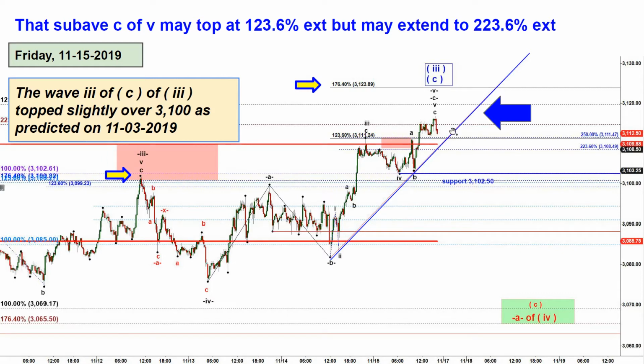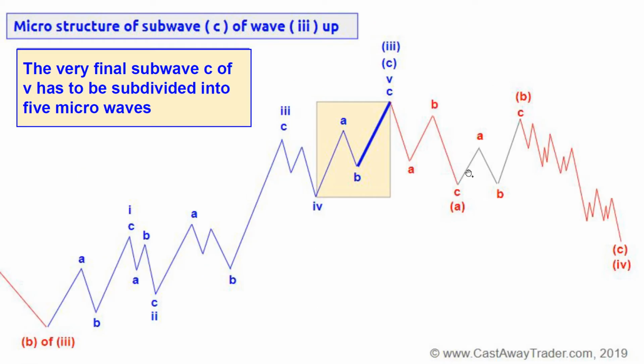But to confirm that it really has stopped, it has to go through the first support, which would be the low of the minor wave 4 down at 3102.50. As I've mentioned before, the very final subwave C of 5, the one marked with the thick blue line, has to be subdivided into 5 microwaves.